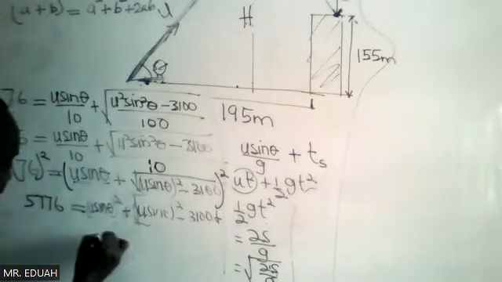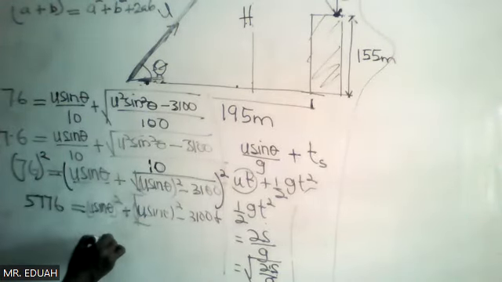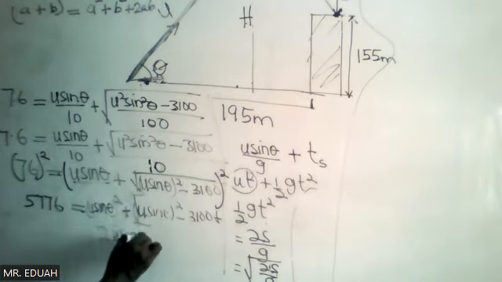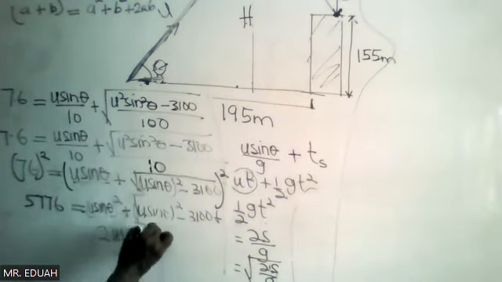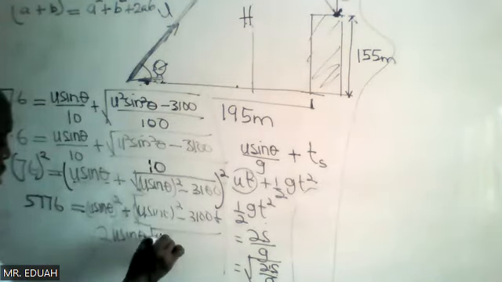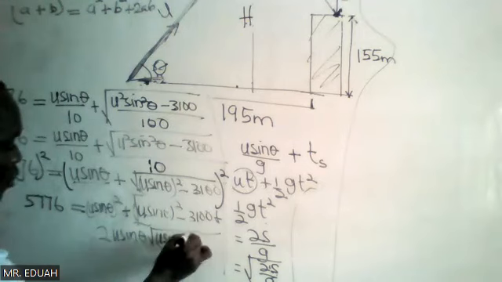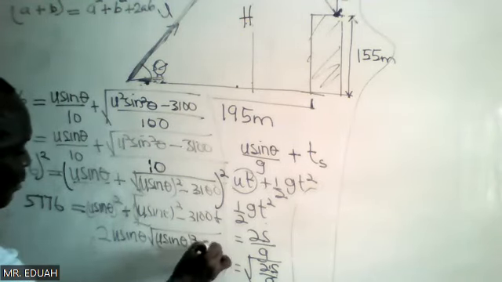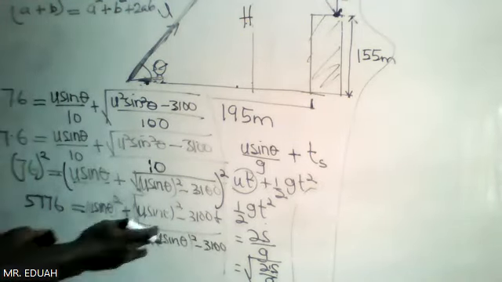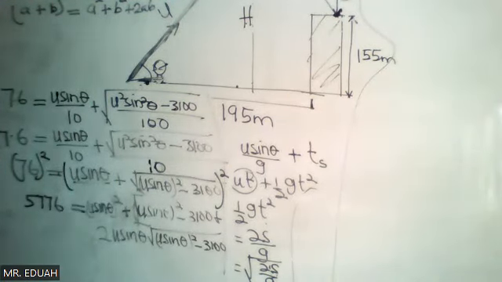So plus 2 u sine theta times the square root of u sine theta squared minus 3,100. Please, when you see something like this, do not be scared. It's the same mathematics.